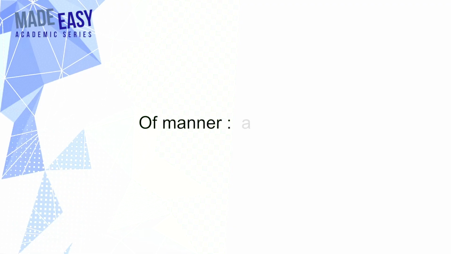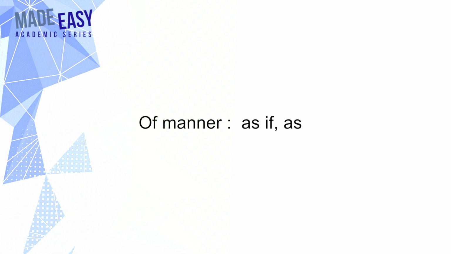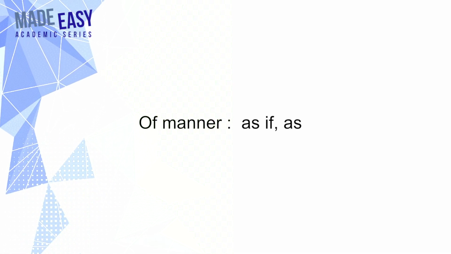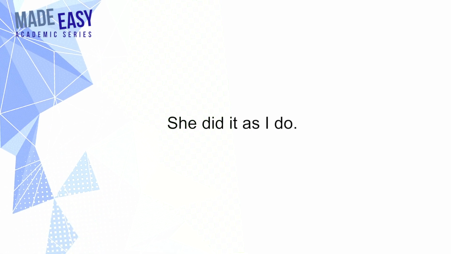The words likely to be present in those kinds of clauses are as if, as, etc. She wept as if her heart would break. She did it as I do, or she did it as I did. So these are called adverb clauses of manner.